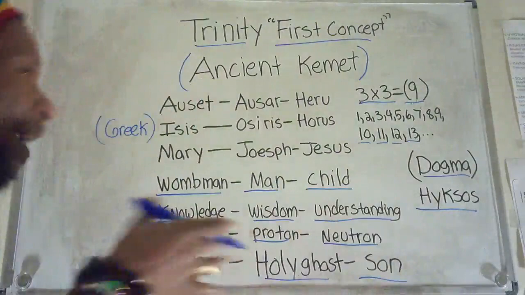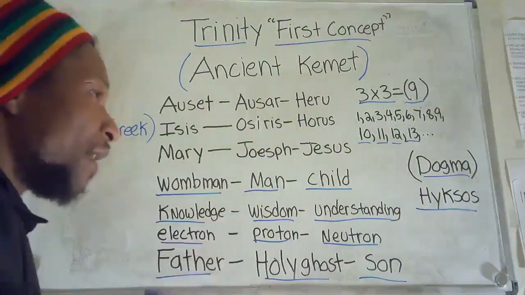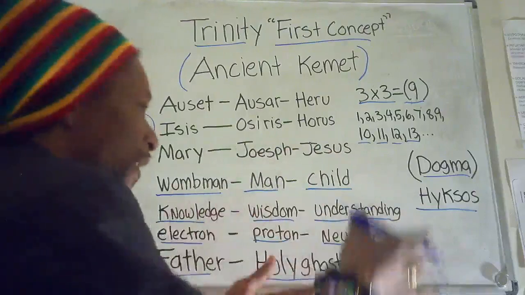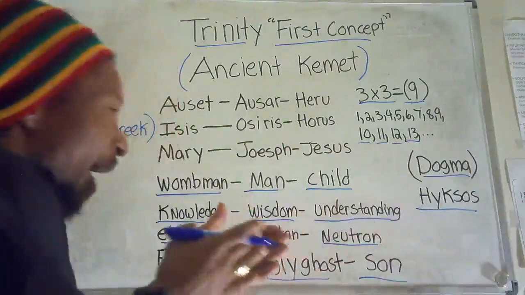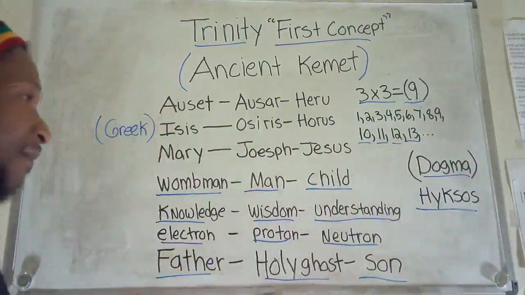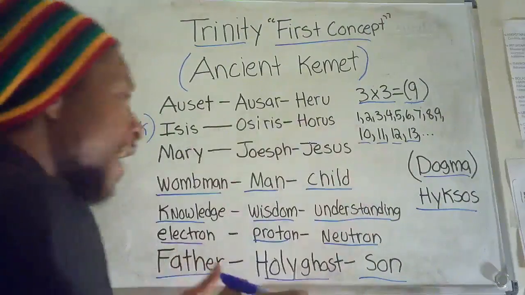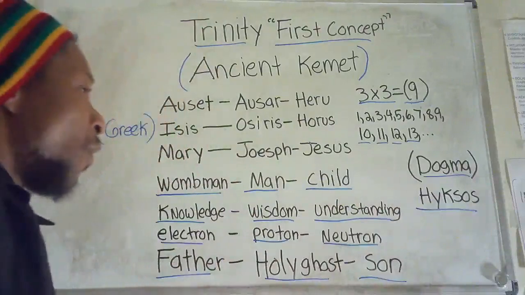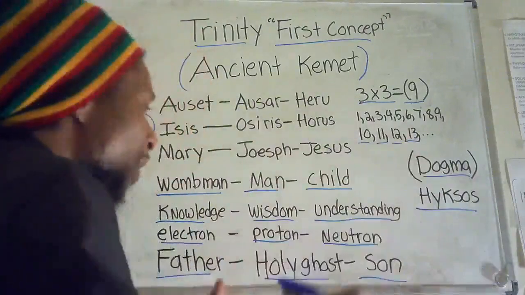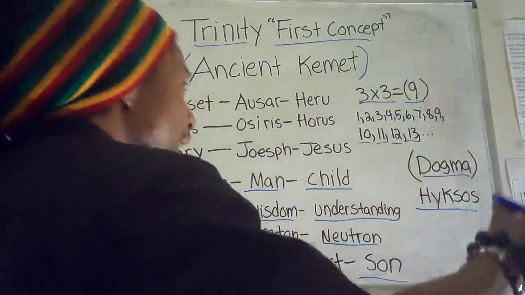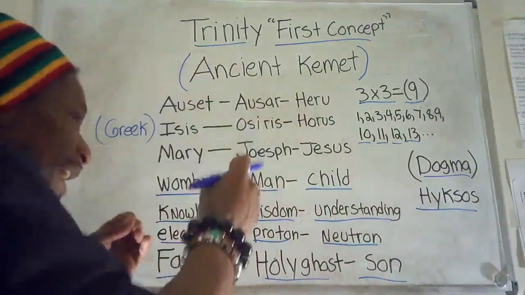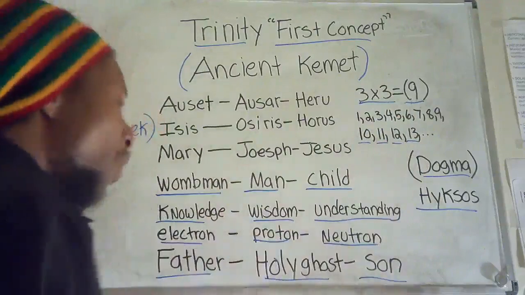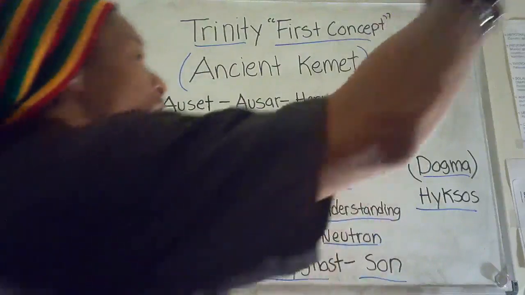So when they came into the part of establishing their civilization and their interpretation of culture, they took out the woman. And that came into play when it got to the Greeks and the Romans. They just replaced the woman with the Holy Ghost, some type of mystery God, because they didn't really understand the nature and the quality of the woman, because they wanted to put man first.